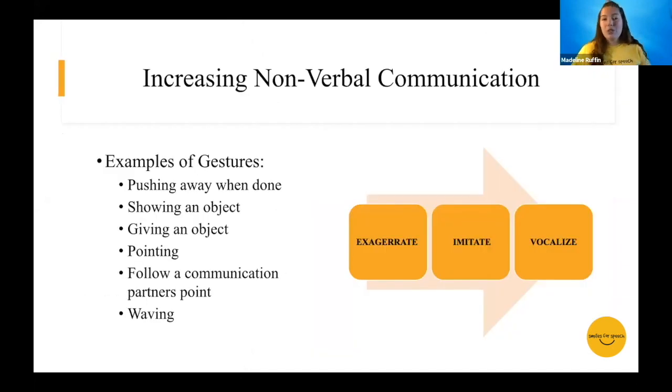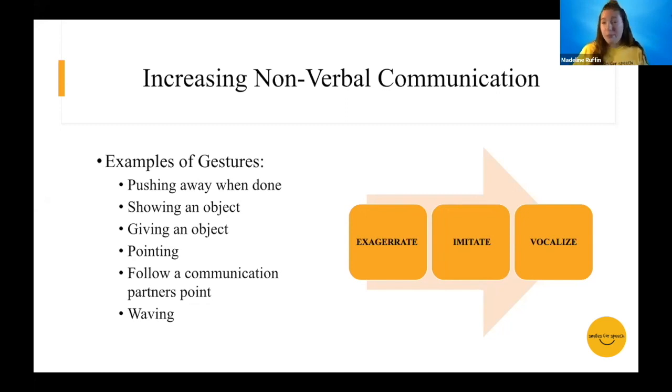Some examples of nonverbal communication with young students might be pushing away something when they're done with it. So they're playing ball with you and then they push it away from you. They're telling you communicatively that they are done. That is a protest. That's a functional piece of communication, even if that language isn't there.